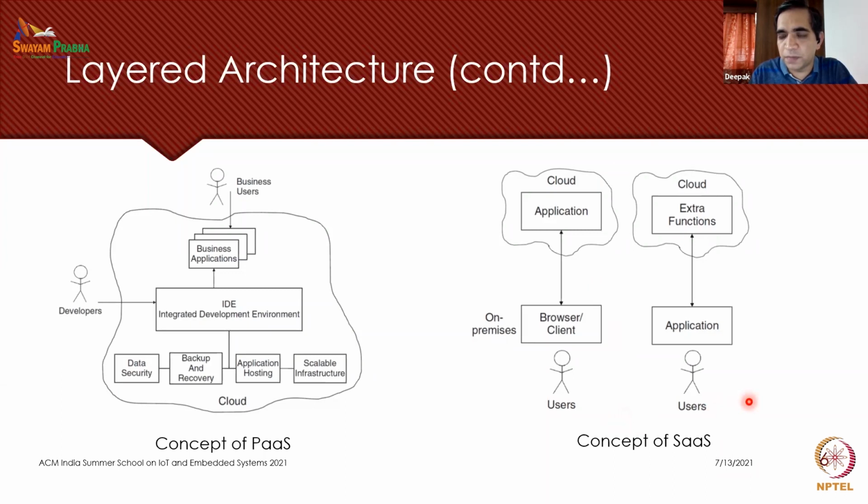Now there is another kind of software as a service that is also possible, and here is a situation where the user is actually running some application on the device that he or she may be using, and that application may seek some extra functions, or some set of application stubs, that is not there in the version, or the part of the application that the user is executing locally, and may be accessed from the cloud. So that's also one kind of software as a service.